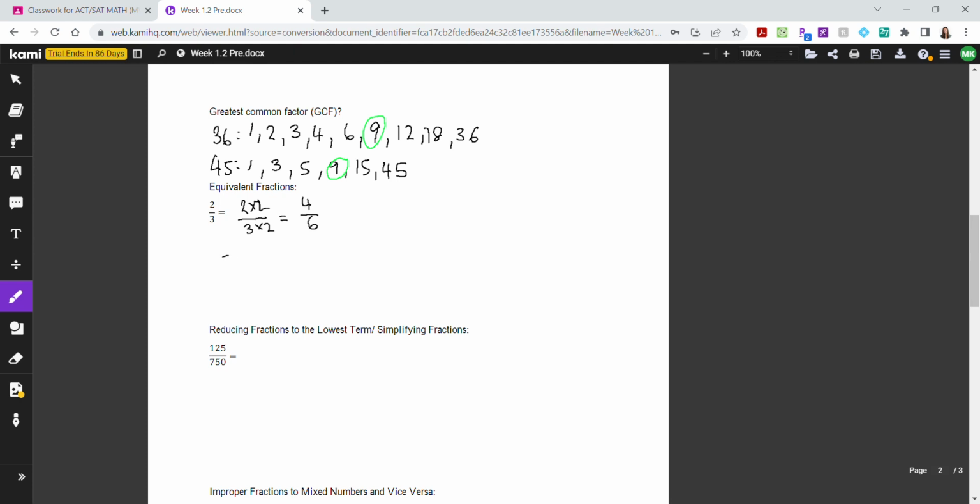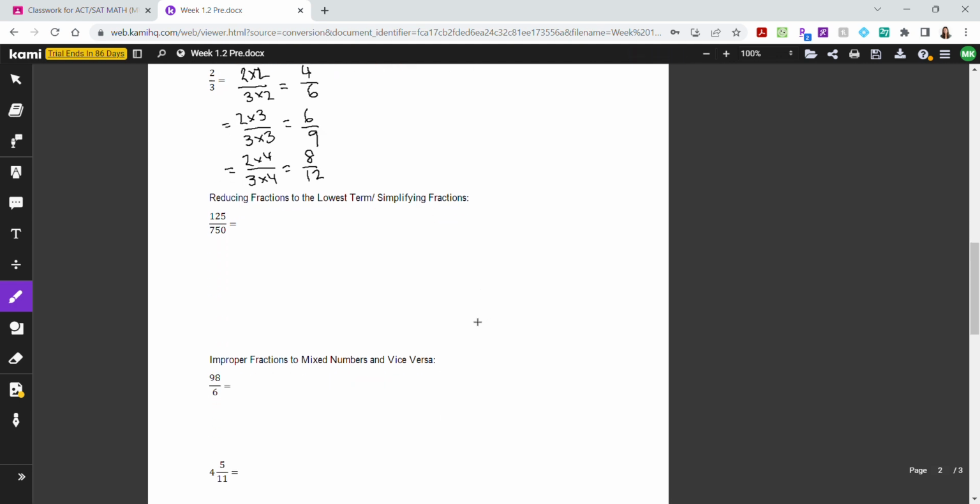We'll do the same thing like 2 times 3, 3 times 3, and that will give you 6 over 9. And we'll do like 2 times 4, 3 times 4, and that will give you 8 over 12. And obviously, all these are equivalent fractions because when we simplify them, they will all give us 2 over 3. And that's how you would find equivalent fractions, right?